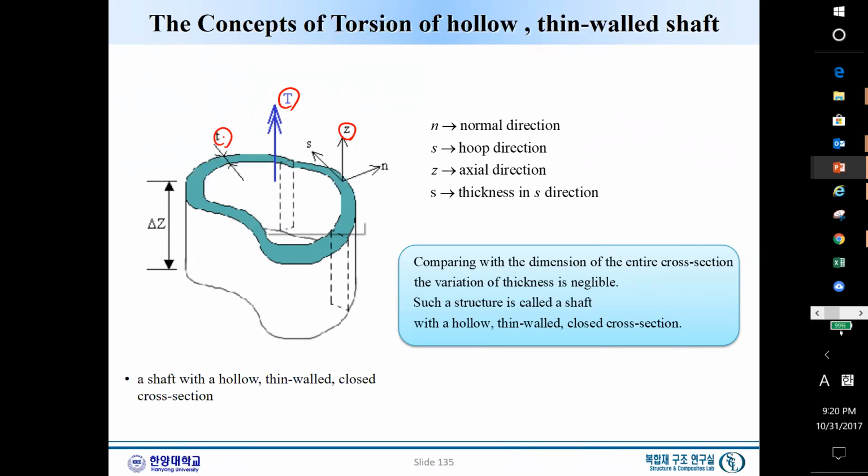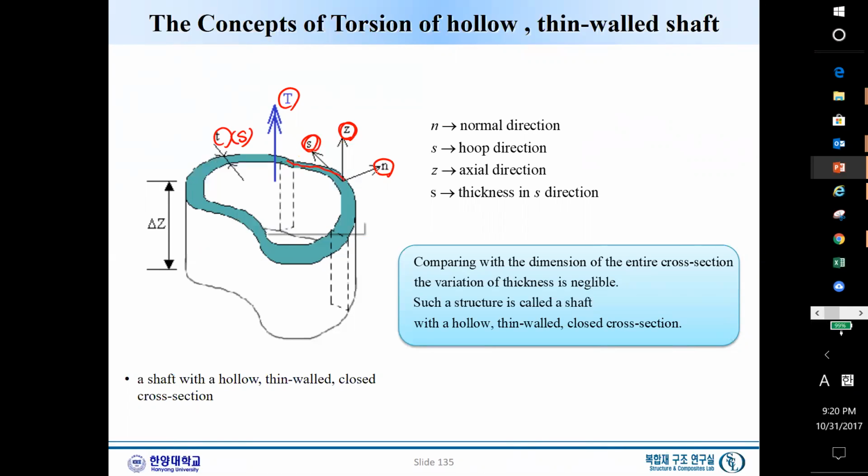There are two more coordinate systems. One is S. S is along this wall, and that is the coordinate S. And so this thickness T is a function of S, which is not uniform. Thickness can vary. That's a very important point. And there is another coordinate, which is normal to this S coordinate and this Z coordinate.